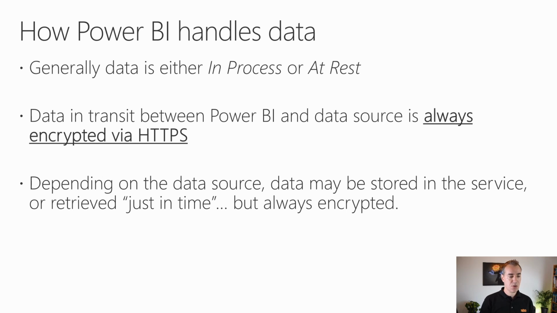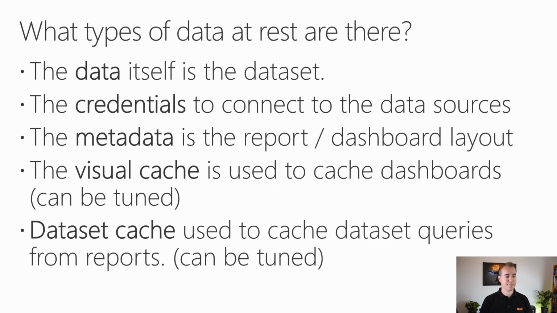Okay? So data in transit between Power BI and the data source is always encrypted through HTTPS. And depending on the data source, data may be stored in the service or retrieved just in time, but it's always encrypted.